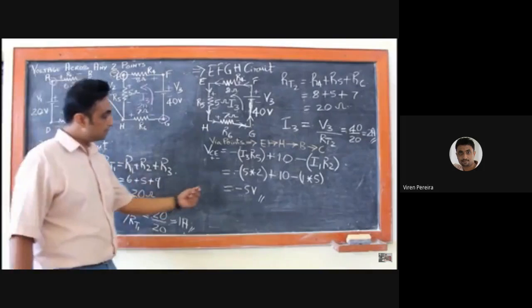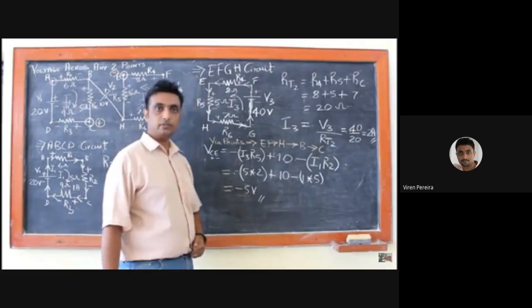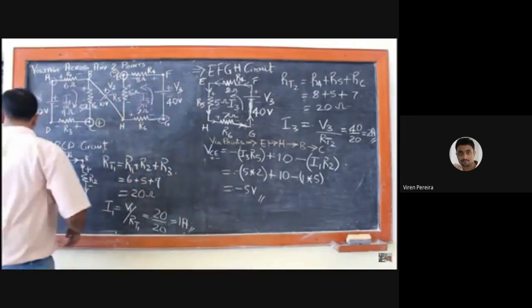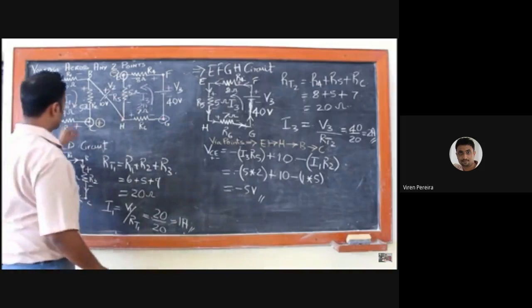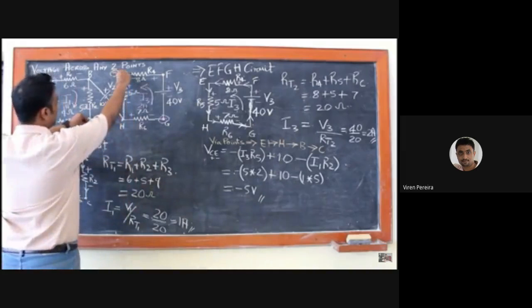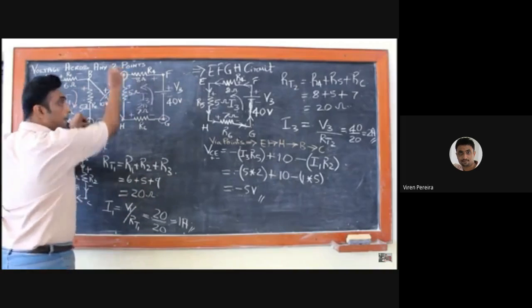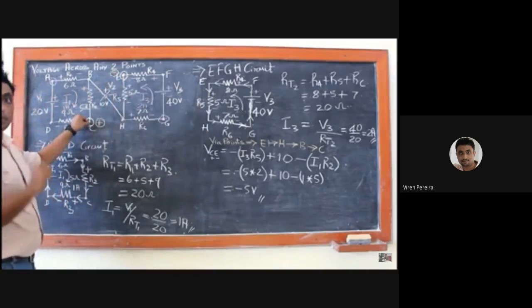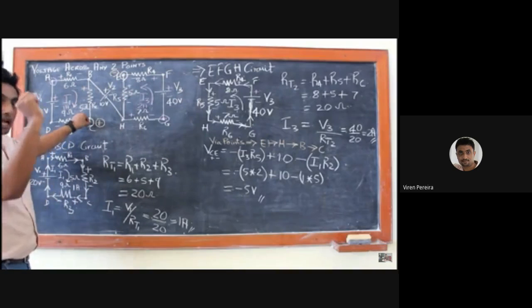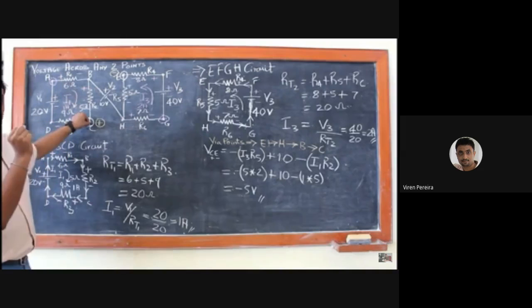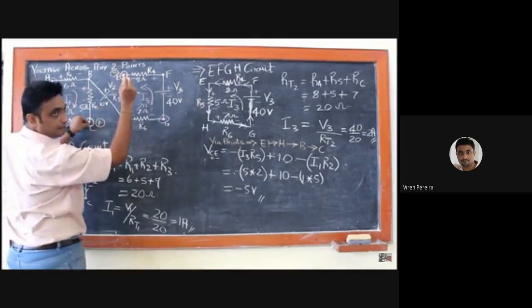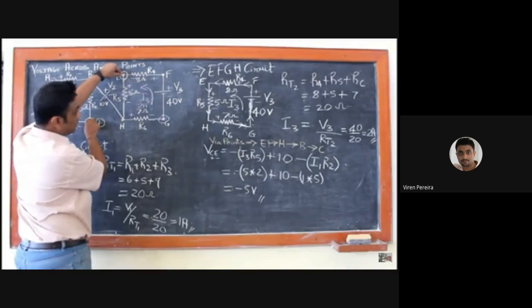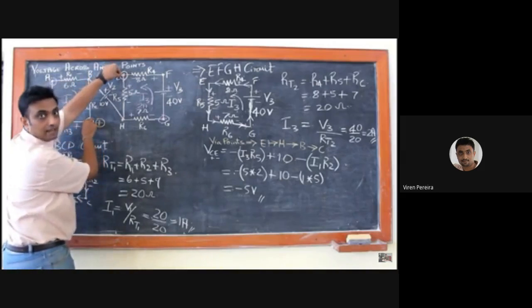Now you might have noticed it's minus 5 volts. That means if I connect my multimeter across these 2 points, my positive terminal here and my negative terminal here, I am getting minus 5 volts recorded on my multimeter. However, if I shift my terminals, that means I put my negative terminal, my black terminal of my multimeter here and my red terminal here, I will get plus 5 volts.